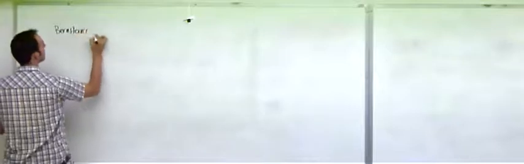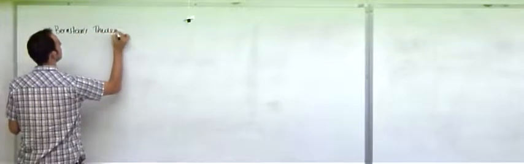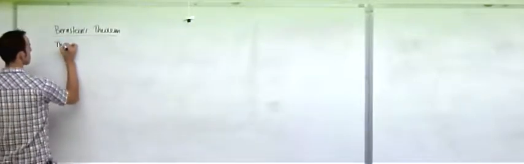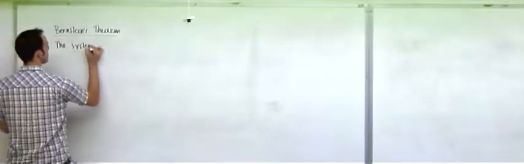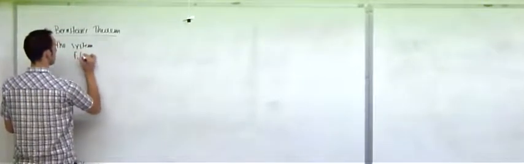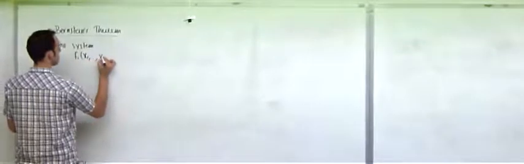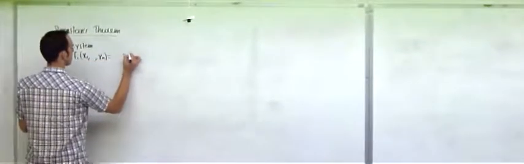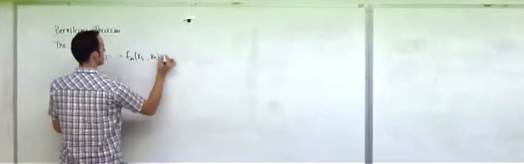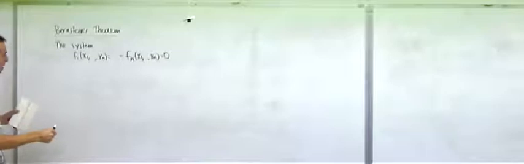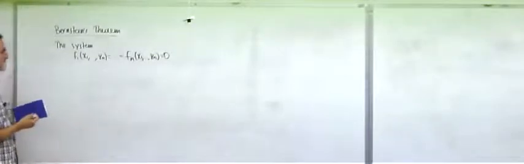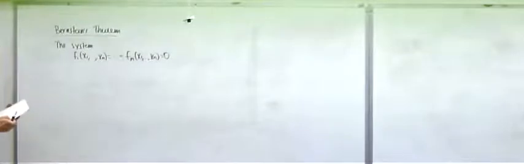Bernstein's theorem says the following: the system of n polynomial equations in n variables, if things are generic, is going to have a finite number of solutions.